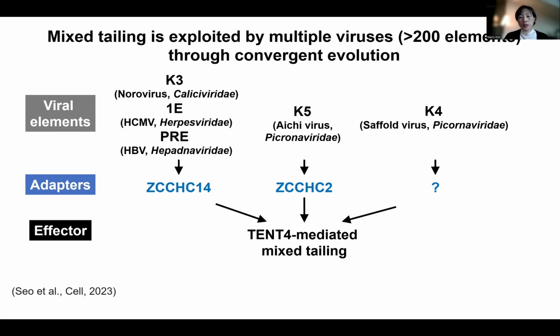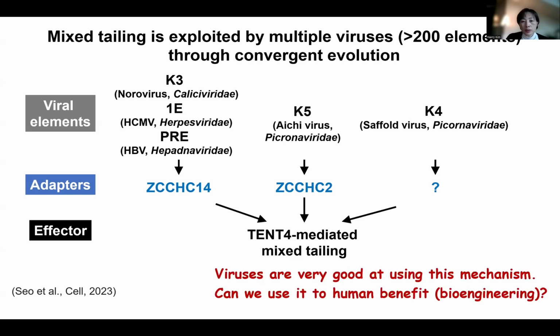So there seem to be at least three groups of elements that use different, distinct adapters. This shows that viruses are very good at using this mechanism, and that highlights the importance of mixed tailing in RNA activation.